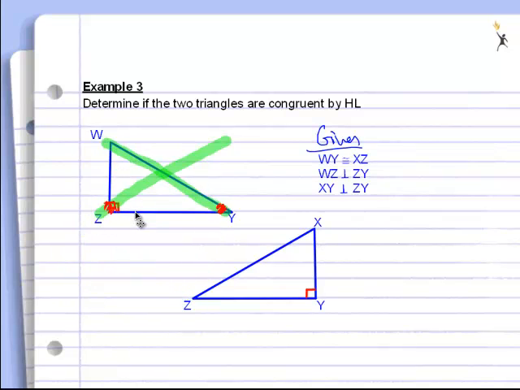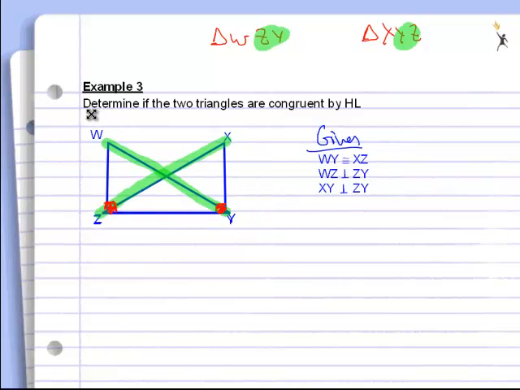Okay, so I have triangle WZY. So I started at the top and went to the right angle. When I label my other triangle, I'm going to do the exact same. Start at the top, go to the right angle. So we have triangle WZY and triangle XZY. Well, what do you notice about the two triangles? Yeah, they have a shared side.